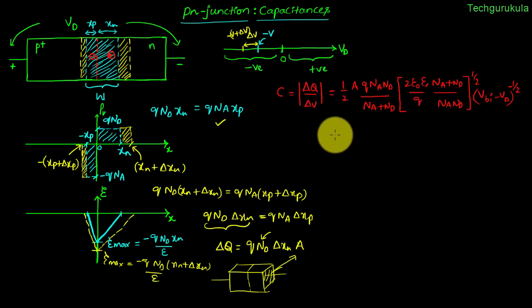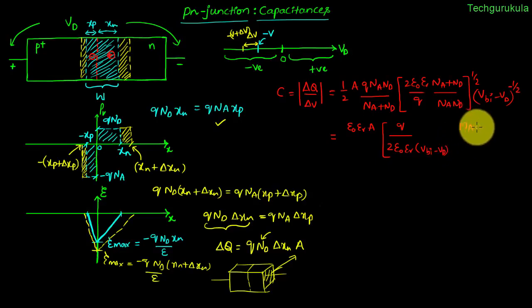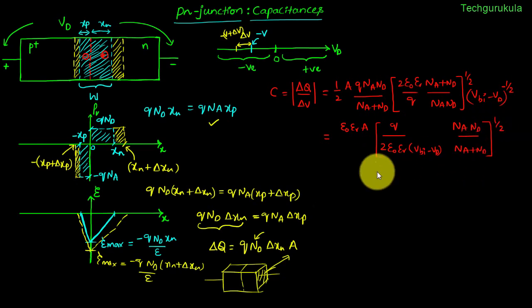We can rewrite this expression as epsilon naught epsilon r times A times Q over 2 epsilon naught epsilon r times Vbi minus Vd times Na Nd over Na plus Nd whole power half. And this quantity, which we know is 1 over the depletion width W at the applied potential Vd.